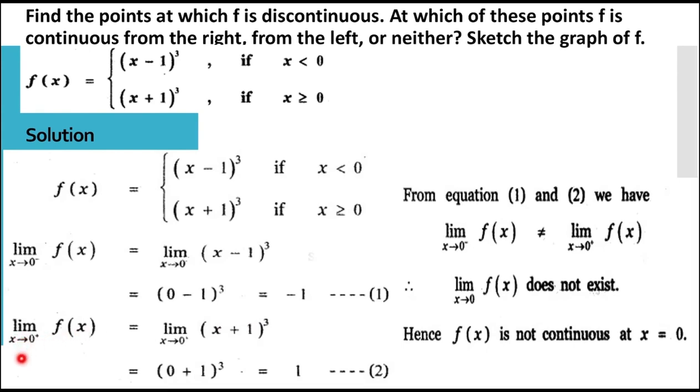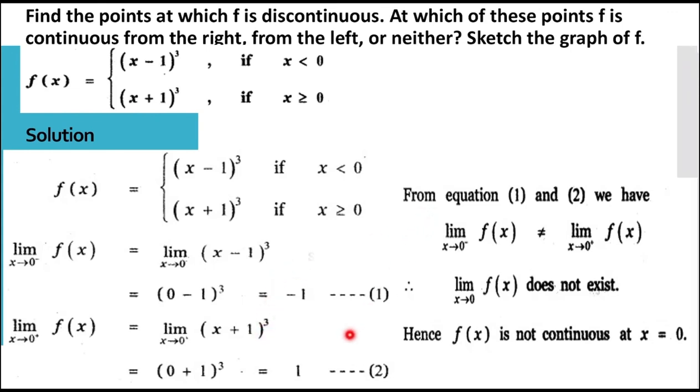Limit x tends to 0 plus, right hand limit, f of x. So, limit x tends to 0 plus x plus 1 the whole cube. 0 plus means it is greater than 0. So, this function x plus 1 the whole cube. So, instead of x we can substitute 0. 0 plus 1 the whole cube. So, it is 1. Here the left hand side limit and right hand side limit are not equal.